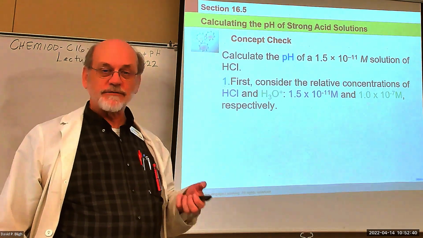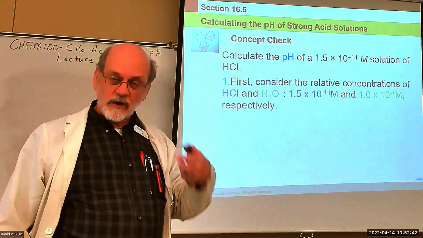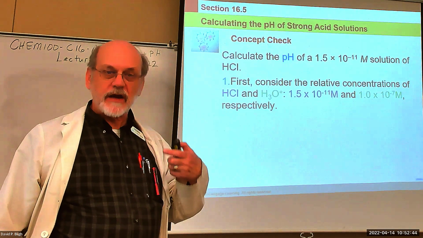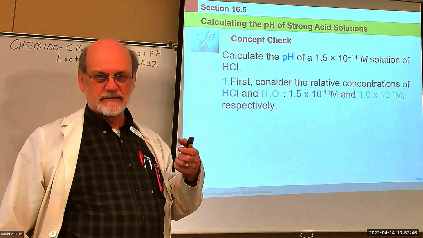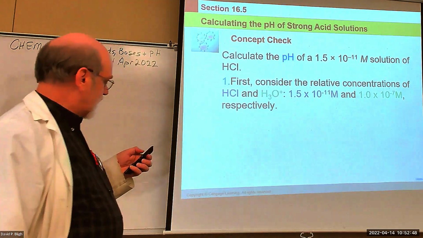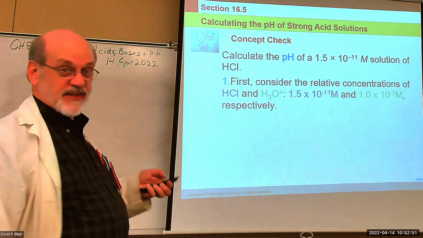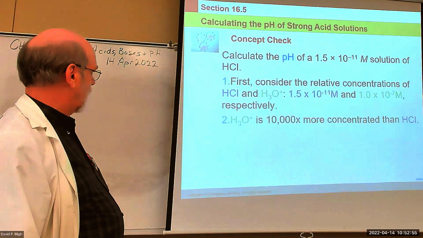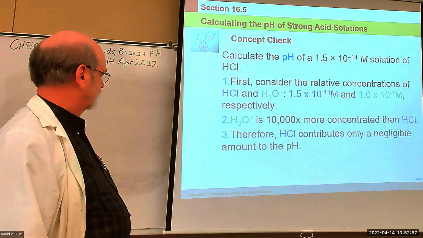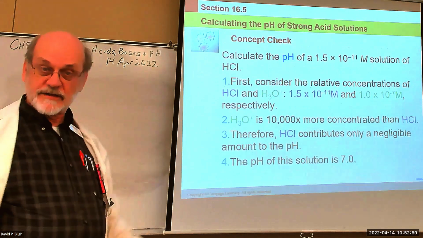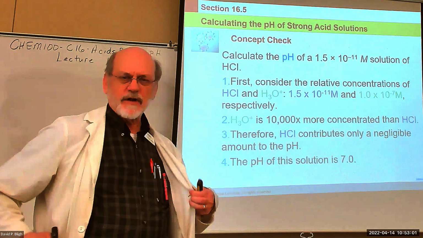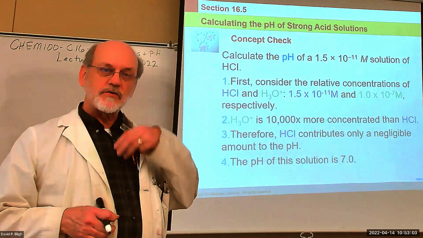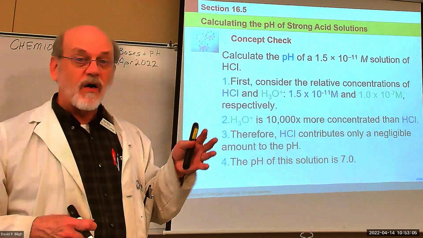It's not high enough to affect the equilibrium of the amphoteric water. So the pH is going to be 7. It's still going to be 7. You have not put enough hydrogen ion in there to influence the pH at all.